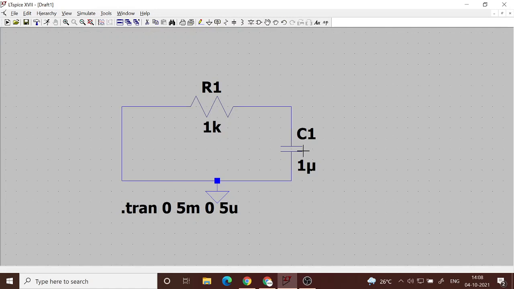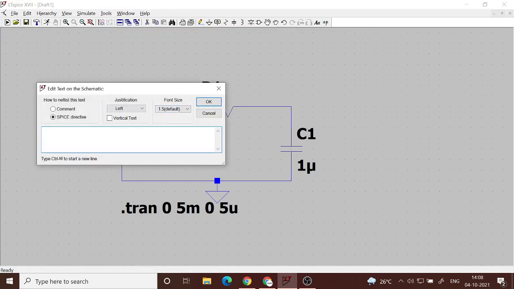So earlier what we saw is we had a voltage source which was a pulse waveform, and the circuit responded to that. Now what we are going to introduce is an initial condition. To give an initial condition, you can give a SPICE directive by clicking on dot op, and then you can mention the command .ic, which is a shorthand notation in SPICE language.